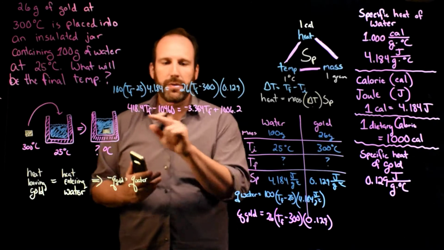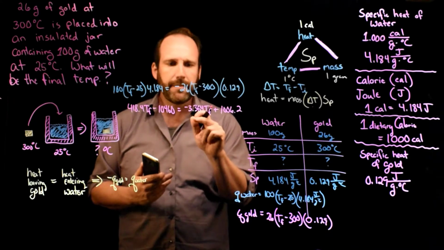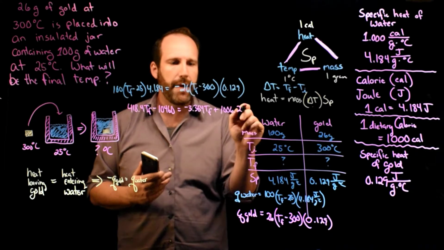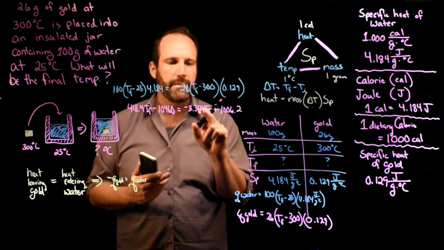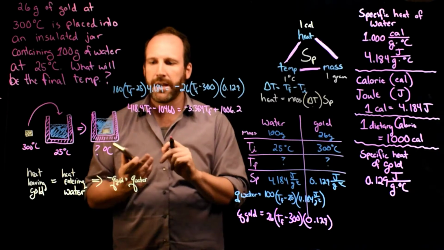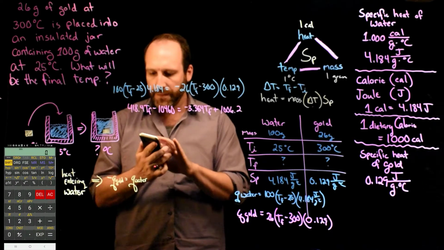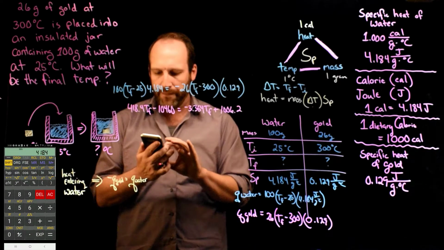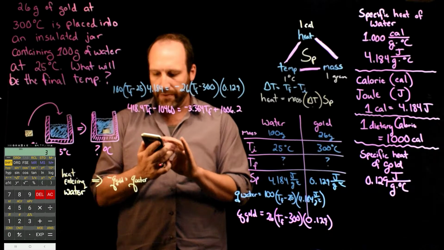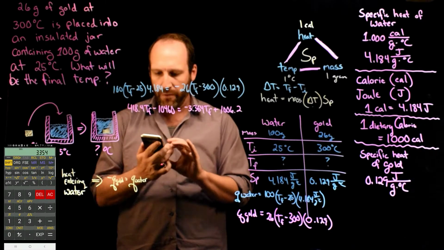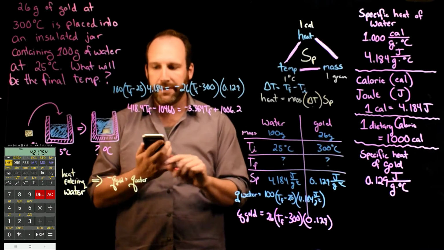So let's add the 3.354 to both sides of the equation. I will take 418.4 and add to it 3.354, subtracting a negative.